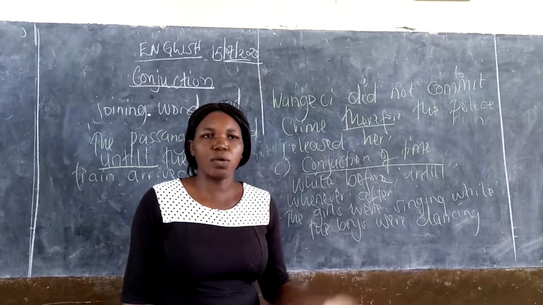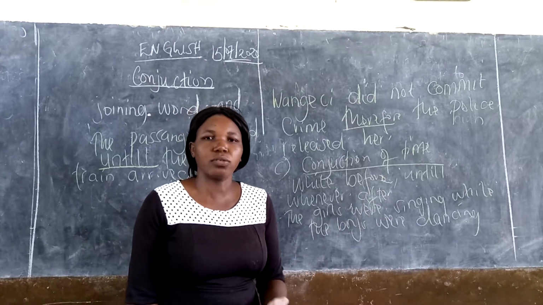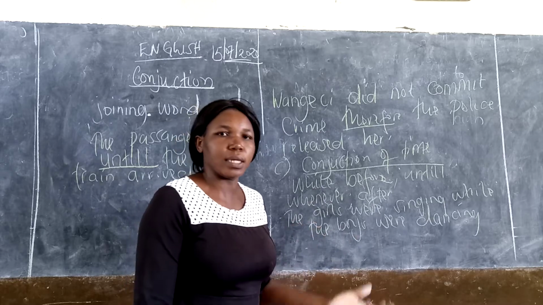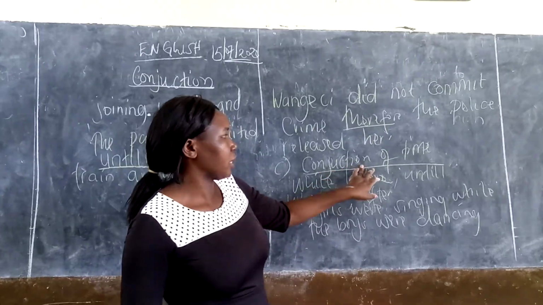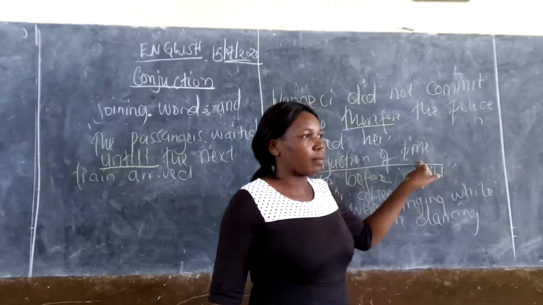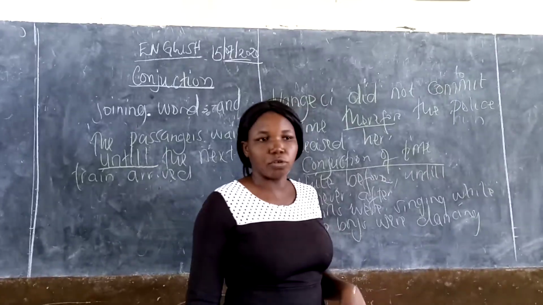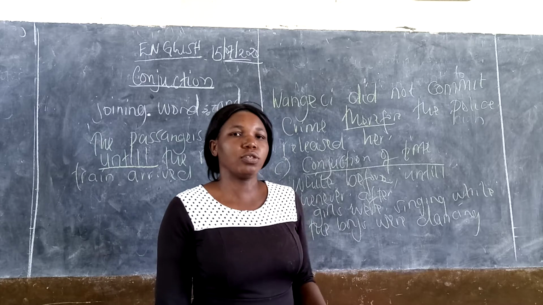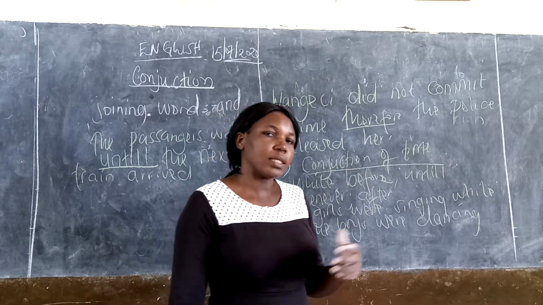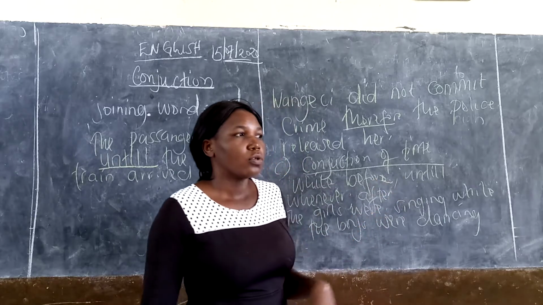At what time? They waited until. It talks about time. That one is a conjunction of time. We are talking about conjunction of time, until the train arrived. How long did they wait? They waited until. It talks about time.